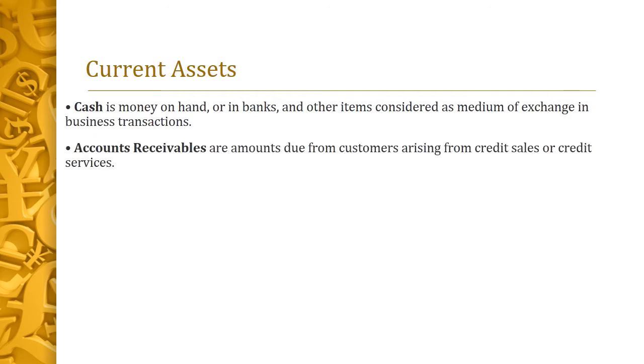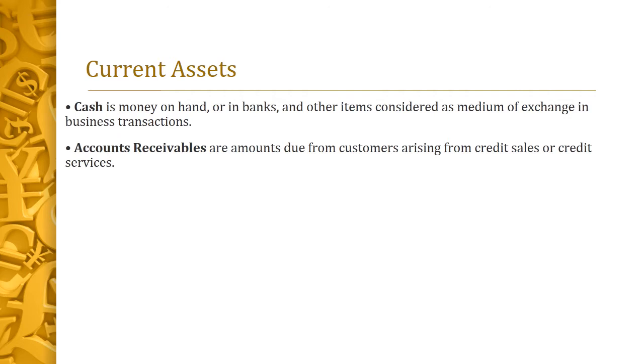Next would be accounts receivables. Accounts receivables are amounts due from customers arising from credit sales or credit services. We recognize accounts receivable when we give the service or provide the products, but the customer doesn't pay us. So that means there's an amount that we can collect from the customer in the future, and that is the accounts receivable.